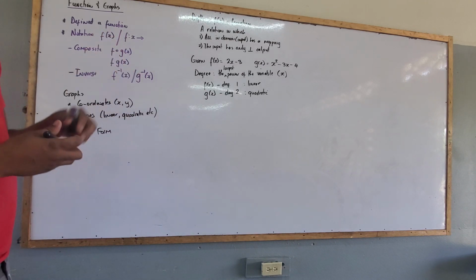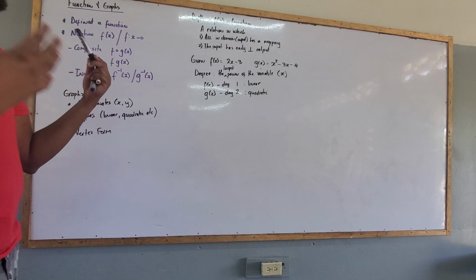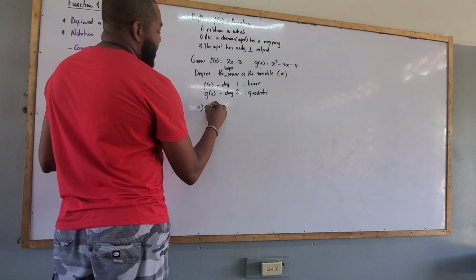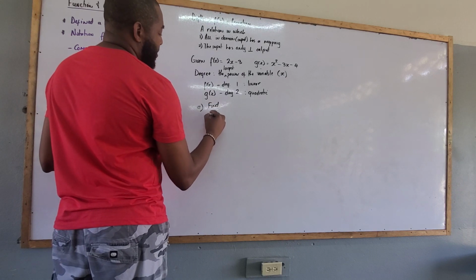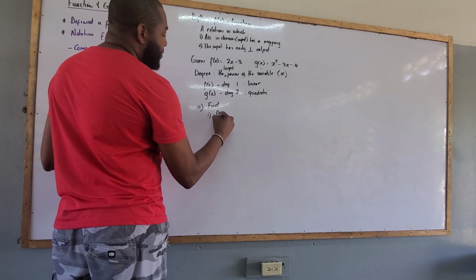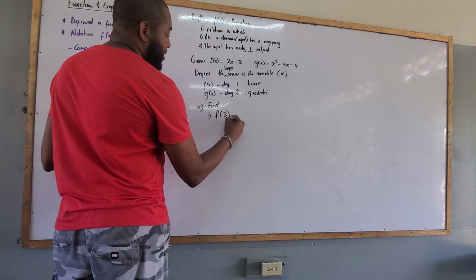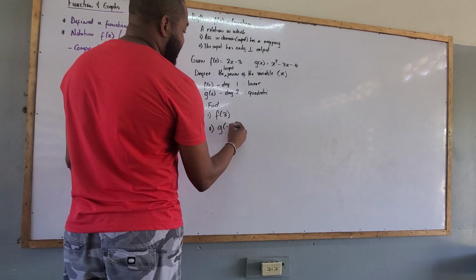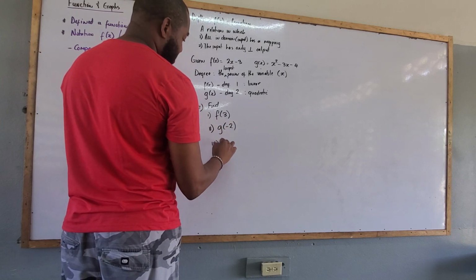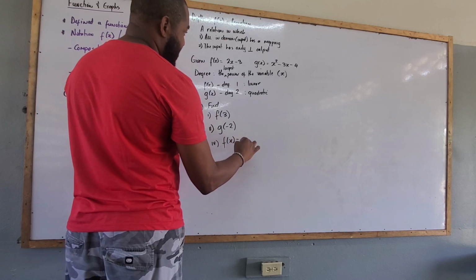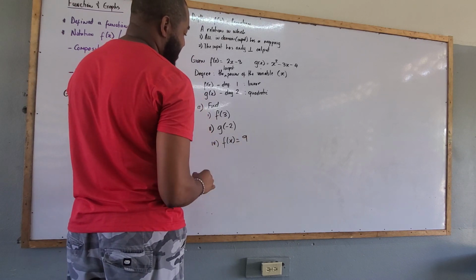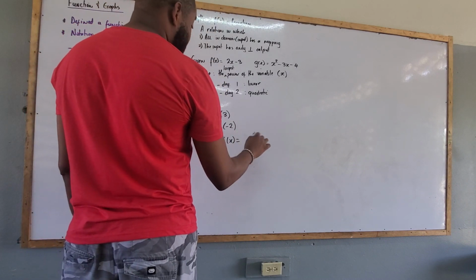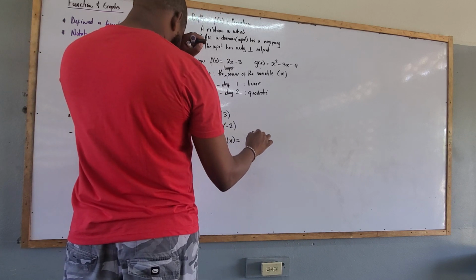Alright, so we have these two functions. Let's do some typical questions. Part A could be: find f of 3, g of negative 2, and 3 where f of x is equal to, let's say, 45.